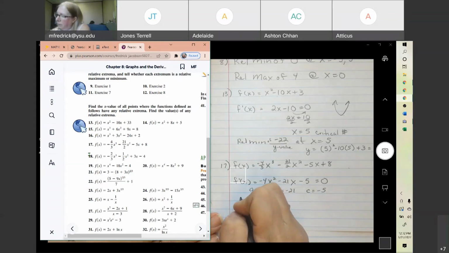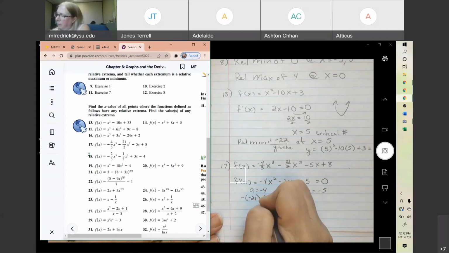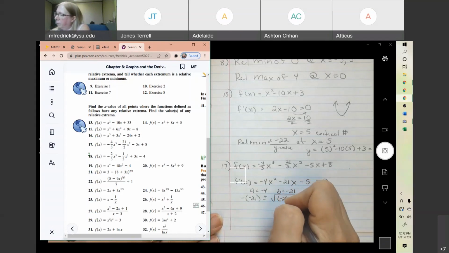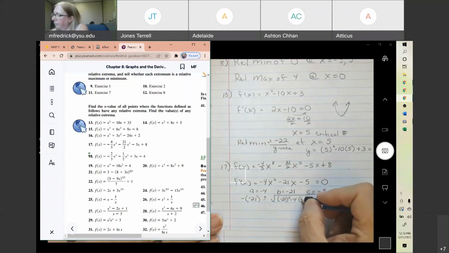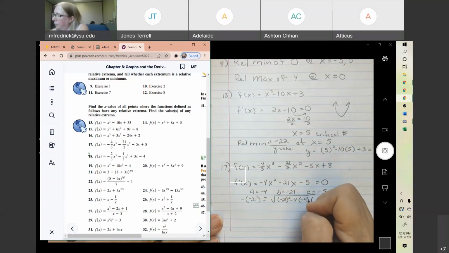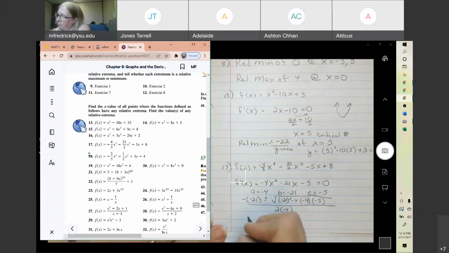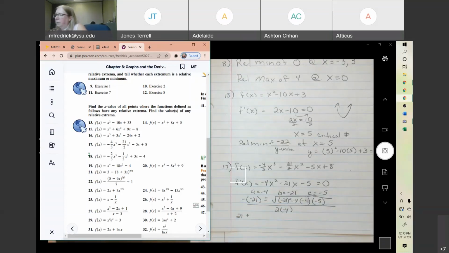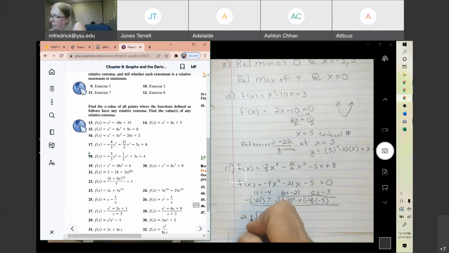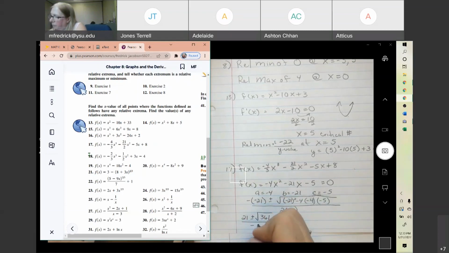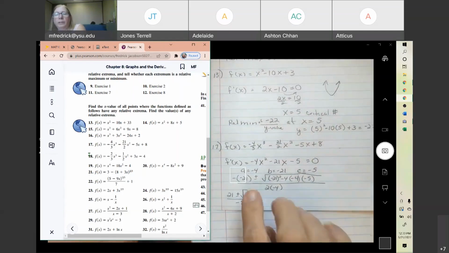So negative B plus or minus the square root of B squared minus 4 times A times C, all over 2 times A. I always calculate under the radical first. 361 is a perfect square root.